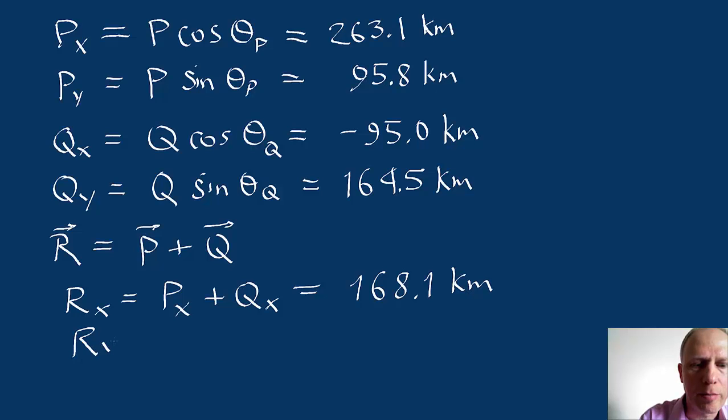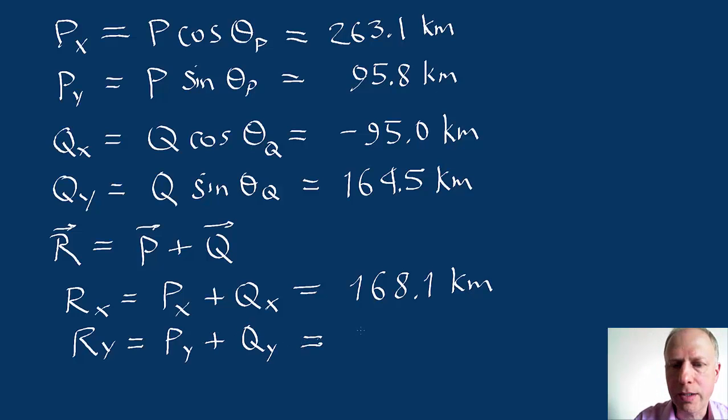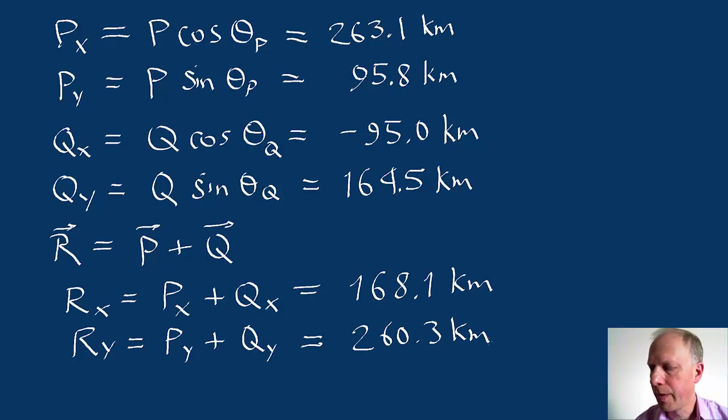Similarly, the y component of R is equal to Py plus Qy, and I find 260.3 kilometers. A quick look at the sketch shows that those are reasonable values also for the vector R.